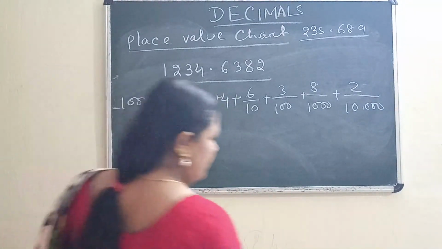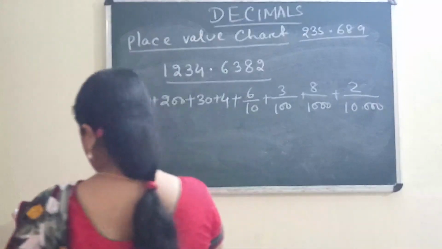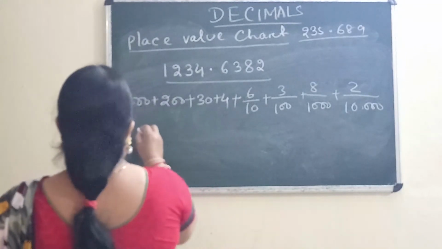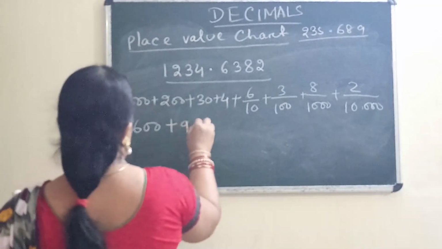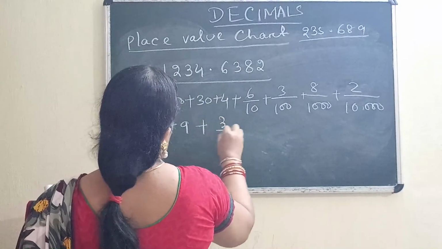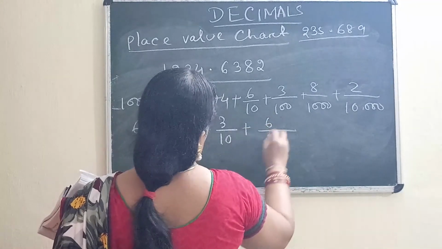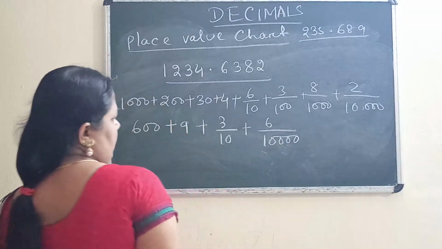Okay. Suppose given 600 plus 9 plus 3 by 10 plus 6 by 10,000.